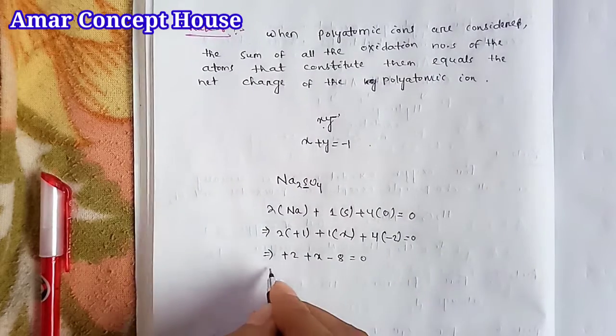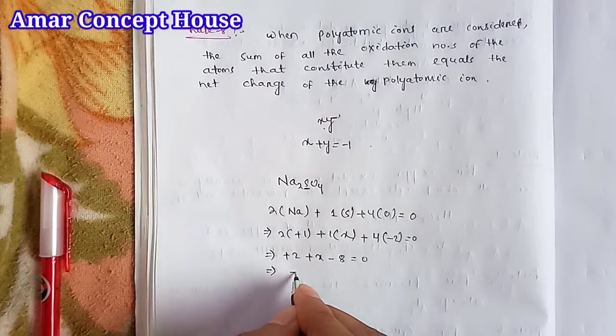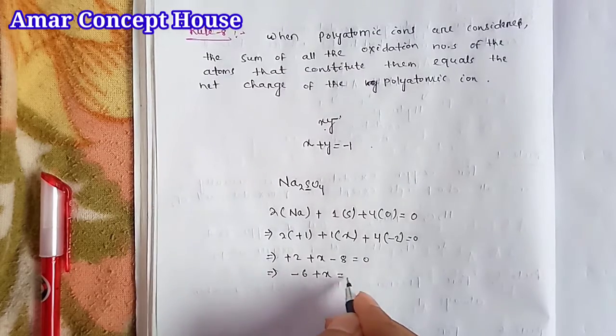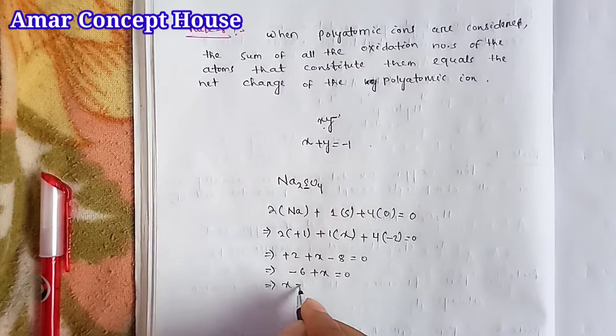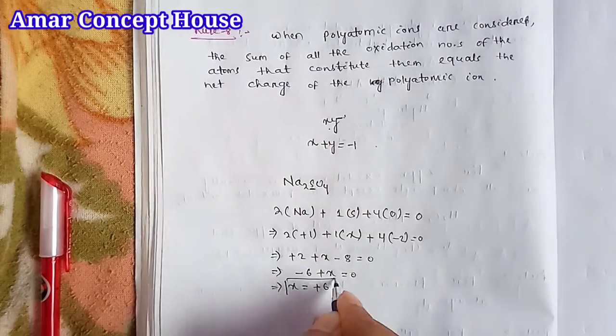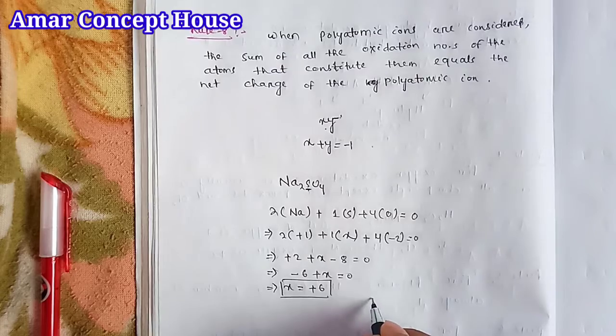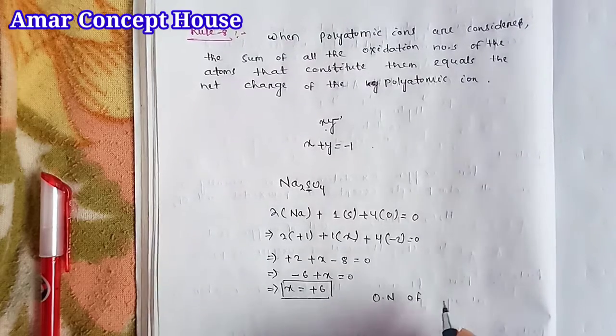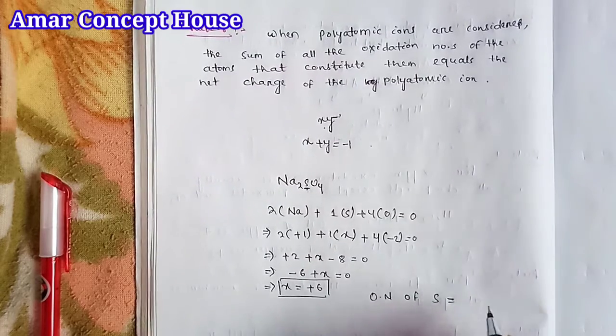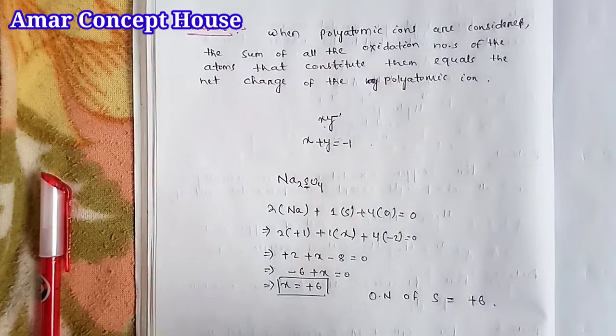Plus 2 plus x minus 8 equals 0, minus 6 plus x equals 0, and x equals +6. So the oxidation number of sulfur in sodium sulfate is +6.